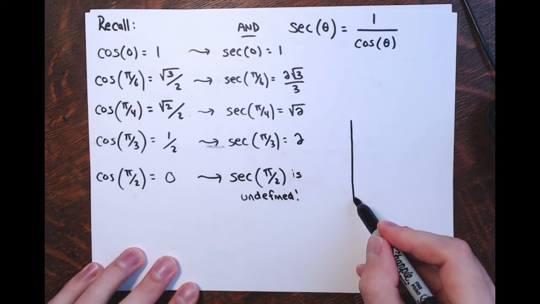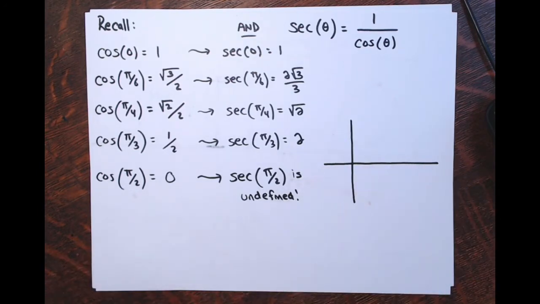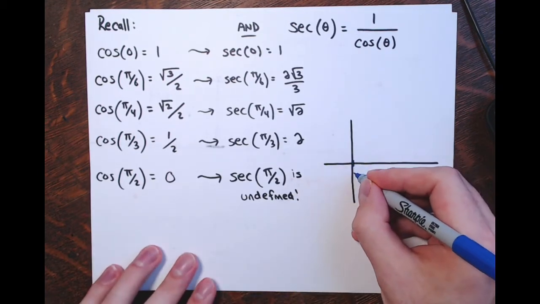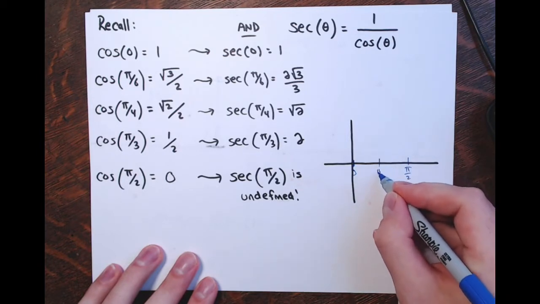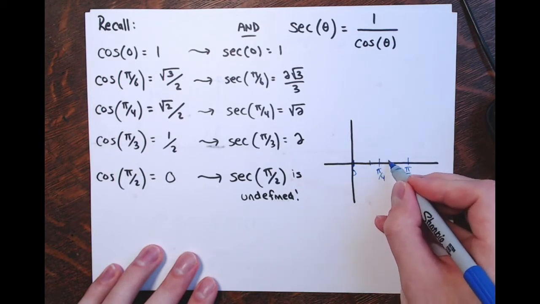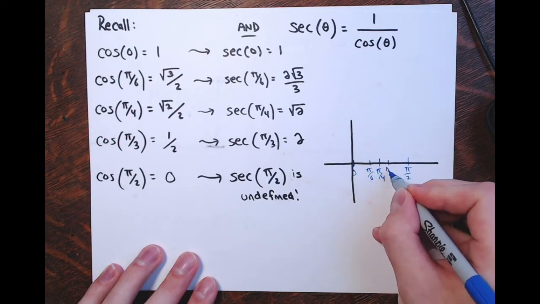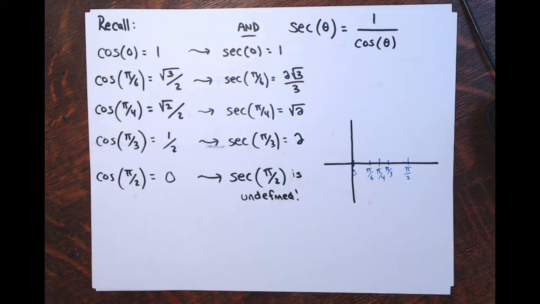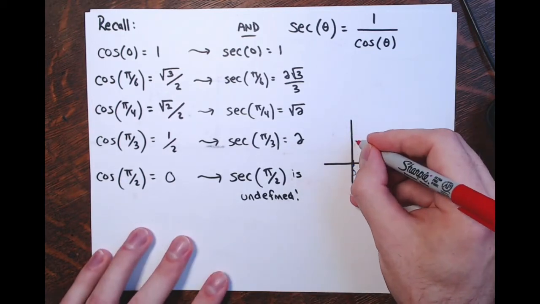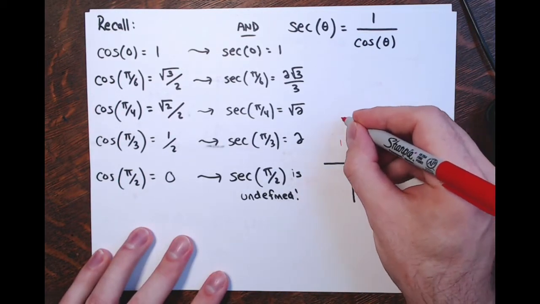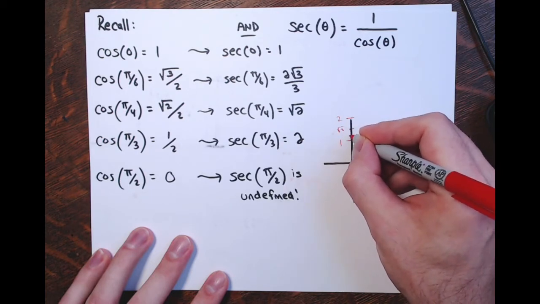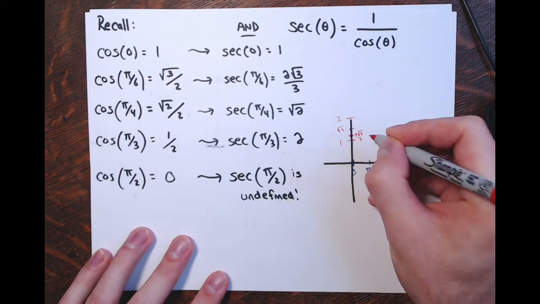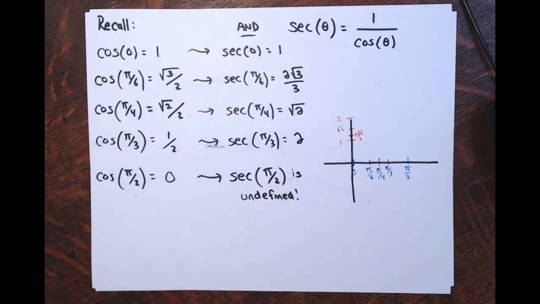Right? So I'll make a really short version of this graph here, and then I'll do a bigger one on the next page. So for these first quadrant angles, 0 to pi over 2, we got pi over 4 and pi over 6, pi over 3 here. And the outputs, there's 1, 2, square root of 2, and then 2 root 3 over 3.